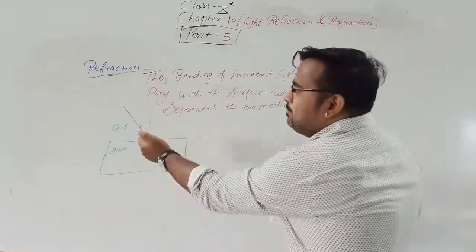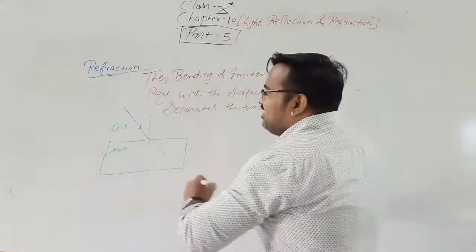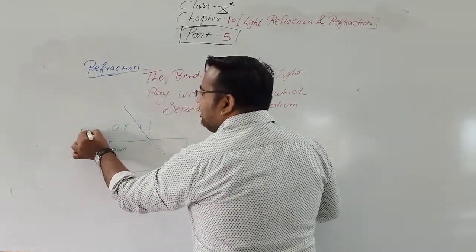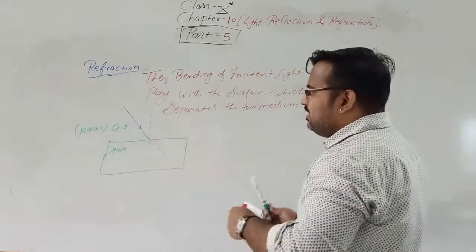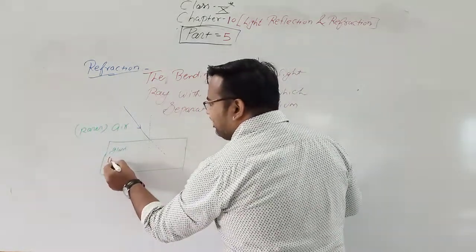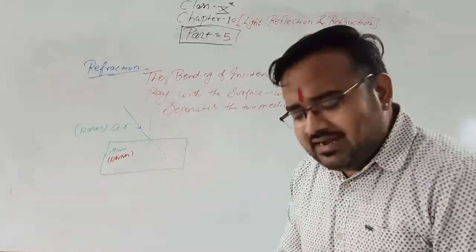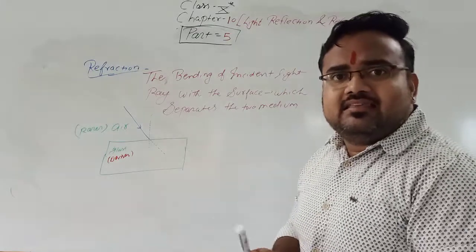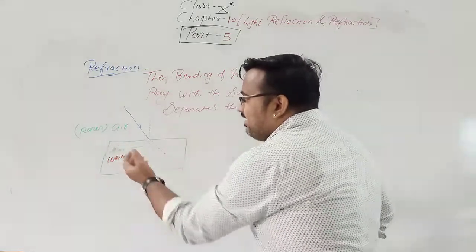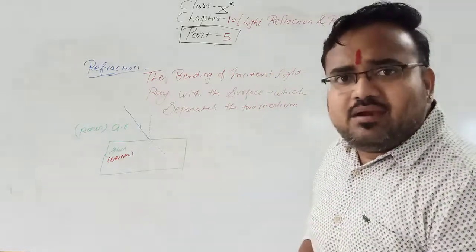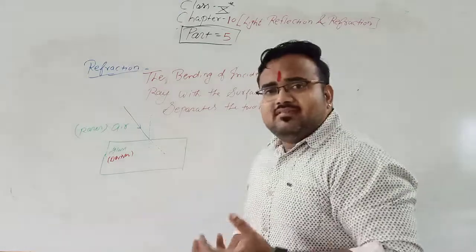But since the medium is changed from air to glass, we can say air is a rarer medium and glass is a denser medium. Now what is rare medium and denser medium? Air is a light medium and glass is a heavier medium. Rare medium is light medium and denser means heavy medium.